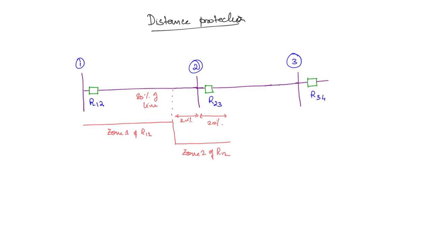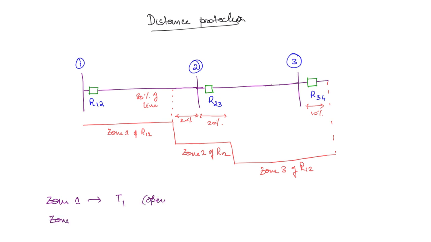Next there will be another zone as well, that is zone 3. Here there is going to be further time delay. This will cover about 10% of this line. So zone 1 is going to have an operation time T1, let us say.